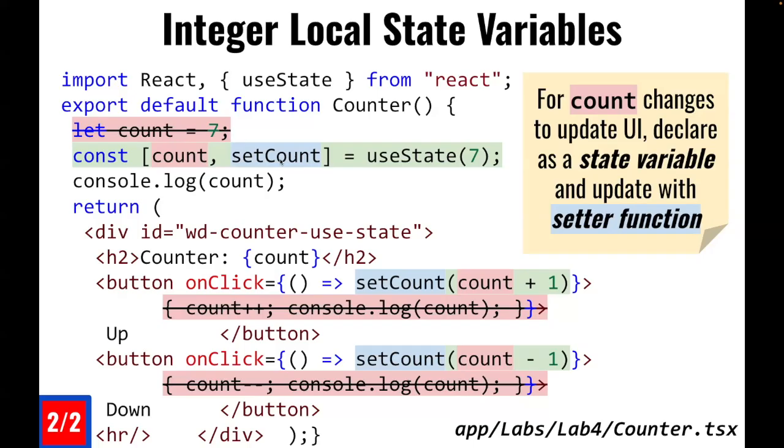I chose set count because it makes sense. We are changing it, we're mutating it, and this is the proper naming convention. If this is count, then this would be set count. If this would be first name, this would be set first name. And that is a proper naming convention. But nothing is stopping me from calling this X and calling this Y. It's whatever name I choose, okay?